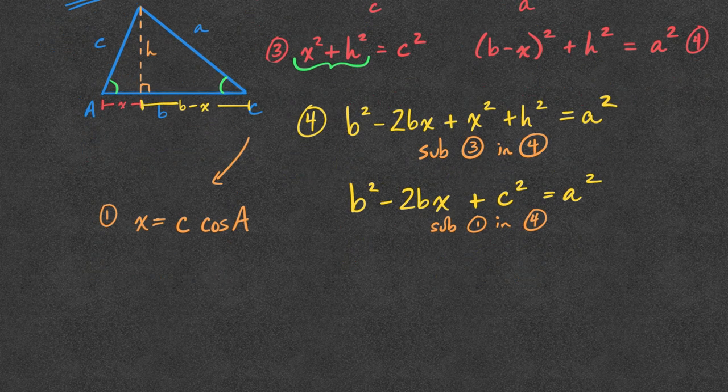Okay, I'm going to slide that up a little bit. Now what I have is a b squared minus 2b. I can replace my x with what it's equal to, c cos A. I finish off my equation, and there we go. Okay, that is my cosine law.